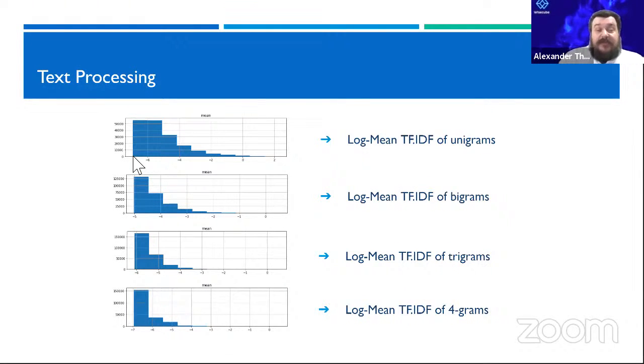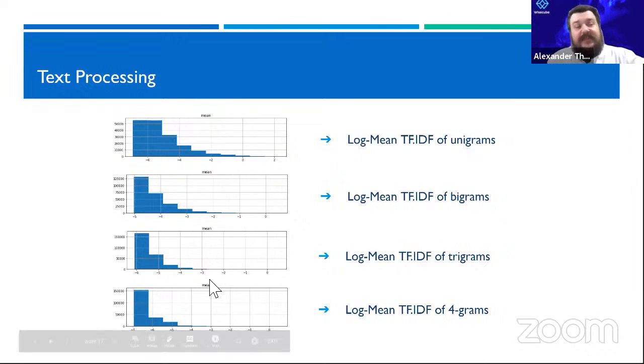Here we have some plots of the log mean of the TF-IDF of the different n-grams. With unigrams, we see a rather gradual drop off in the log mean. In bigrams, it gets a little steeper, trigrams steeper still, 4-grams very steep.